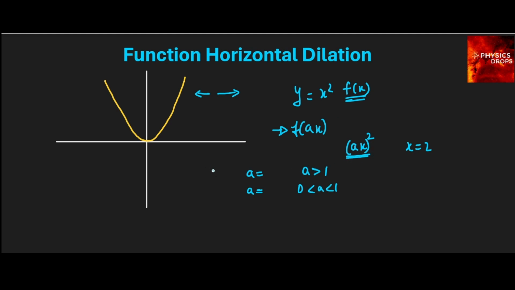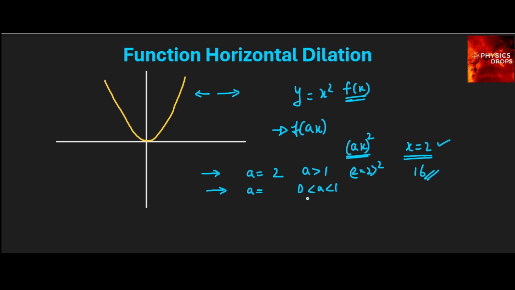Now let's take two cases where a is greater than 1 and a lies between 0 and 1. Let's take the value of a to be 2 here for a greater than 1 and the x value to be 2. So this would become 2 times 2 whole square, which is 4 square, or 16, the value of the function when x equals 2, for the case a greater than 1.